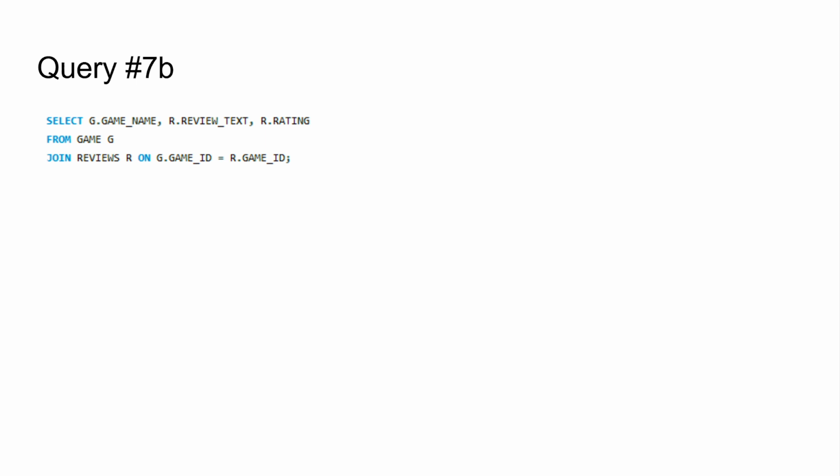And what we get from that is a comprehensive table which includes game names, their reviews, and their ratings, which is another useful query just for analyzing how customers feel about certain games, their ratings, and it could help a user decide if they want to select a certain game or not.